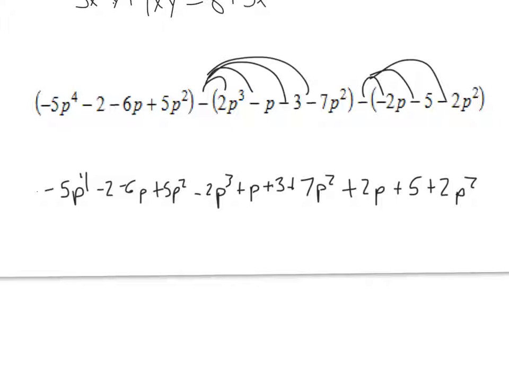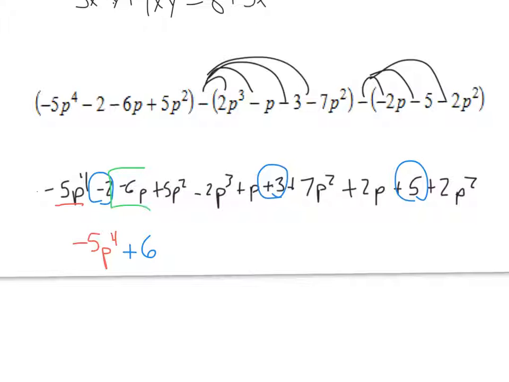And the last thing I just need to do is combine any like terms that I see. I'm going to go through and do each one. We'll start with the p to the fourth. I have 1p to the fourth and negative 5p to the fourth, and that's my only one, so I'd have negative 5p to the fourth. Now I'll look at my numbers: negative 2, 3, and 5. If I combine those, I get 6.